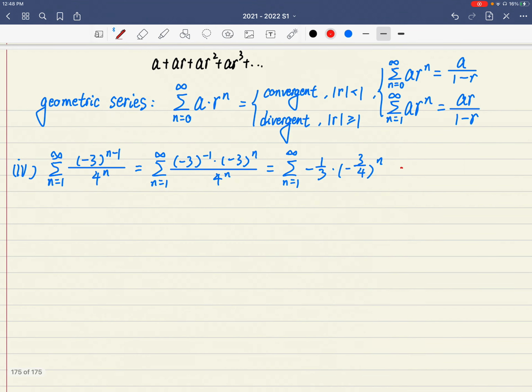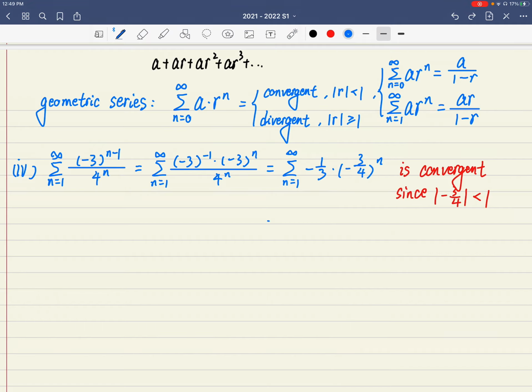We can say that it is convergent since the absolute value of 3 over 4, the absolute value of r, is smaller than 1. So this series is convergent.